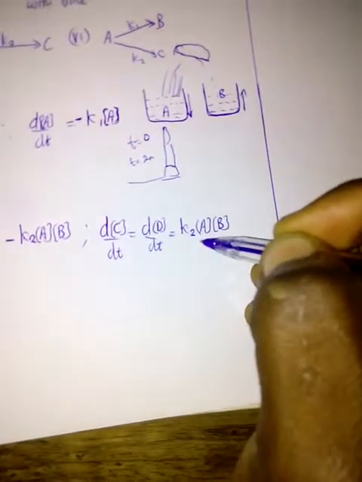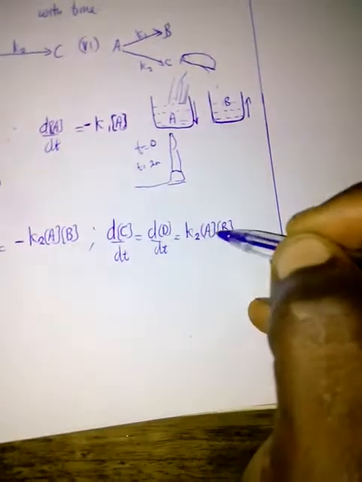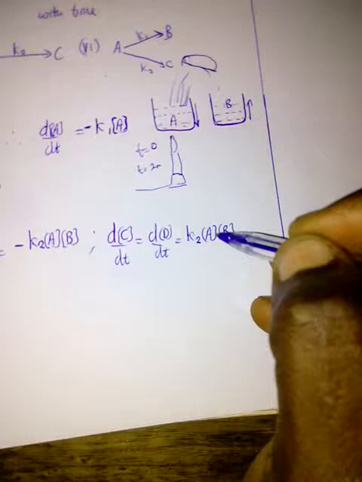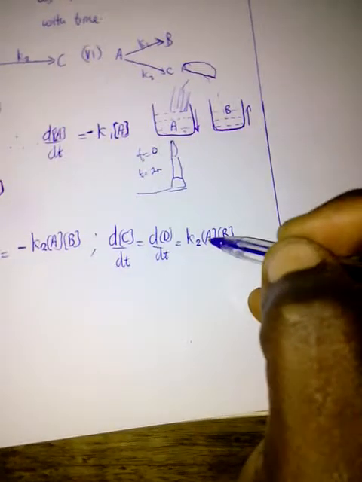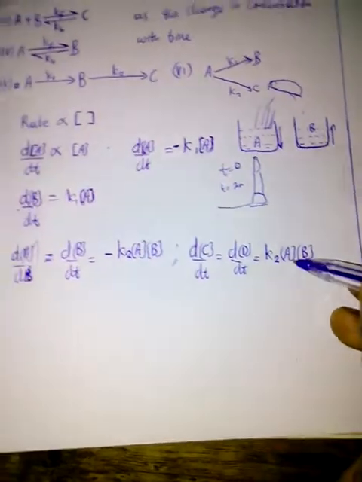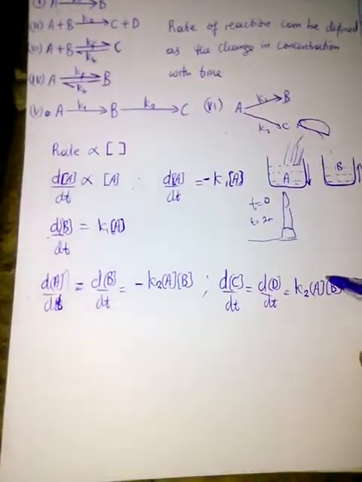Remember, I told you either you are writing the rate of reaction in terms of product or reactants, the rate constant, either k1 or k2, will be multiplying the concentration of reactants, either 2 or 3 or 1, in this case it's 2. So that's the rate of reaction for the second one.